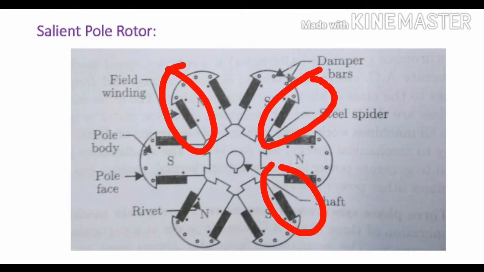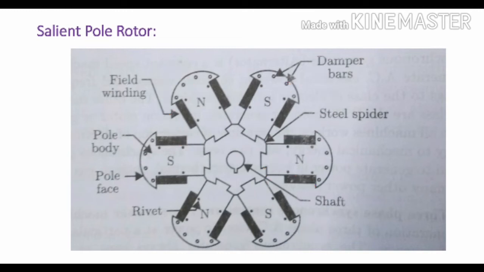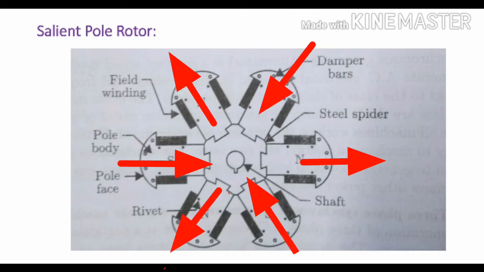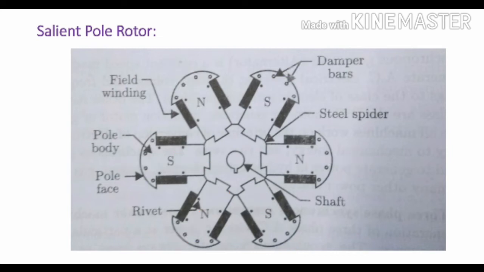When current passes through this field winding, the poles become electromagnets. By controlling the current through the field winding, the magnetic field strength can be controlled, and hence the EMF induced in the alternator can also be controlled.